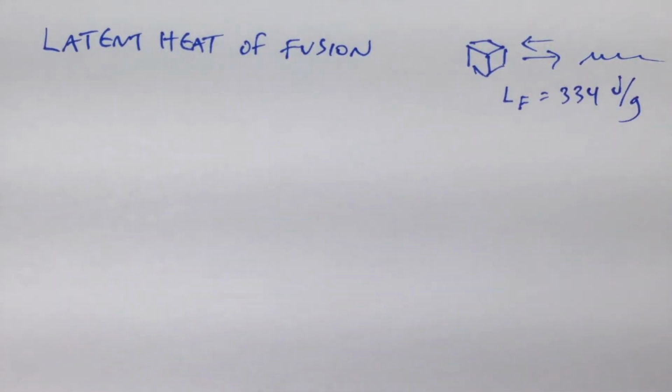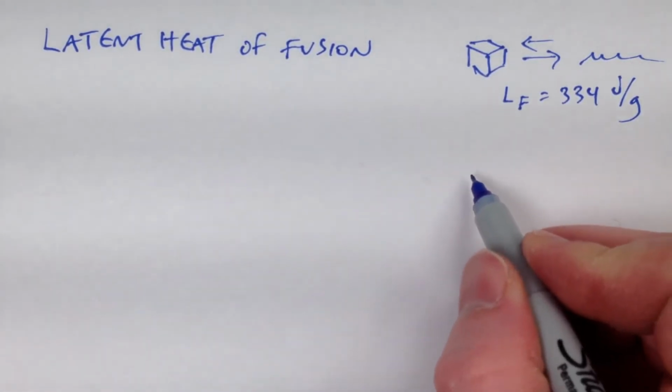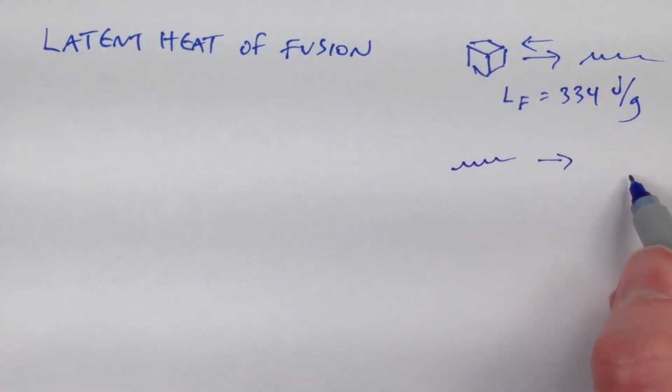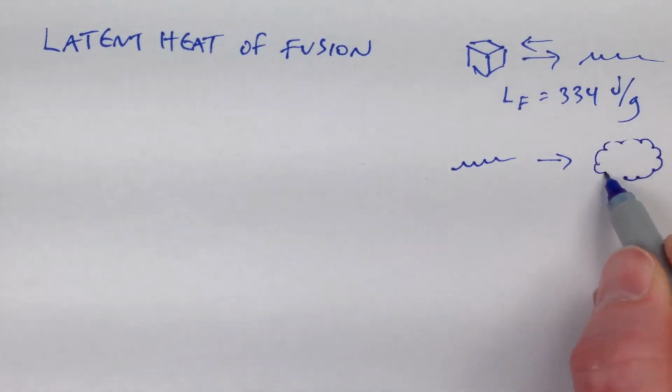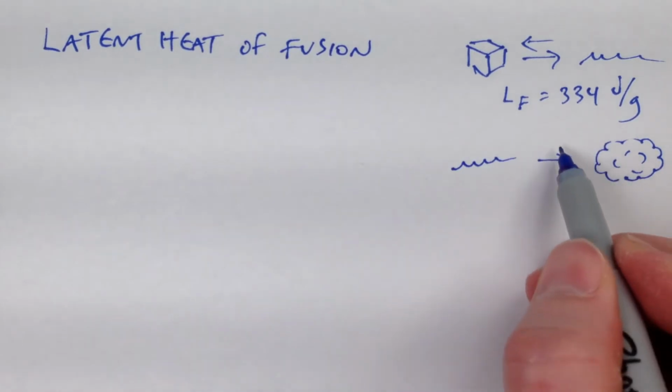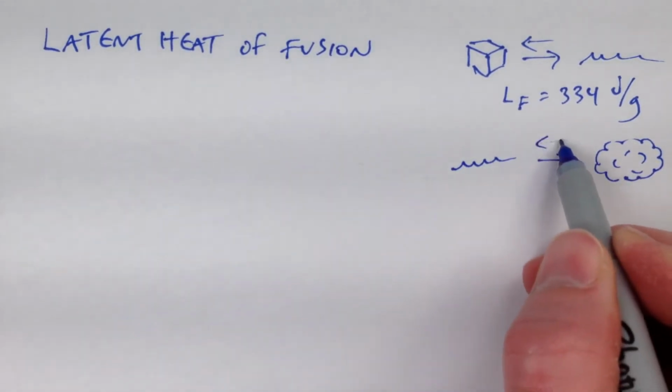Now, maybe this has occurred to you already, but solid and liquid are not the only phases. There is another phase, and that would be the gas phase. So if we're starting with a liquid and going to a gas, then there would need to be an energy expenditure as well. Or if you're going from a gas to a liquid, there would be an energy savings.